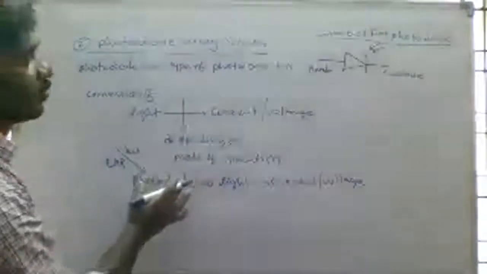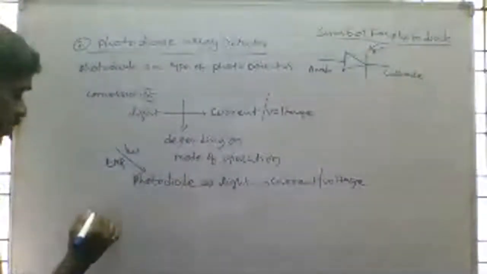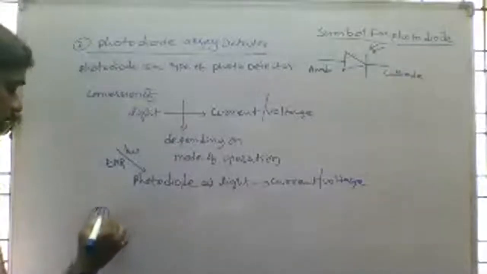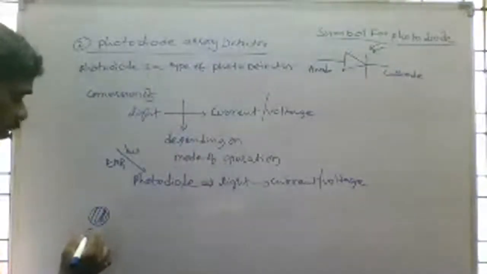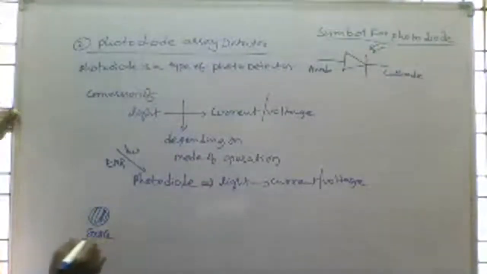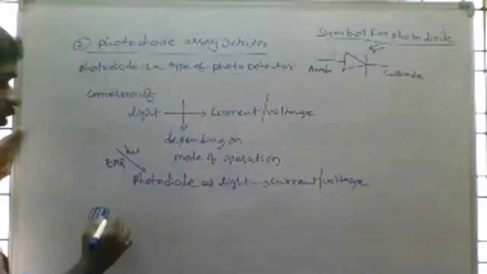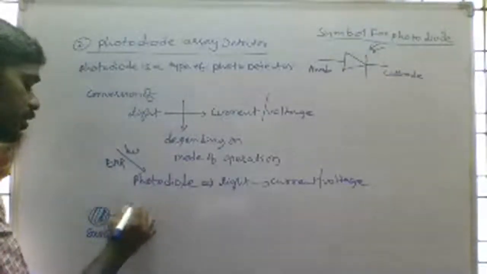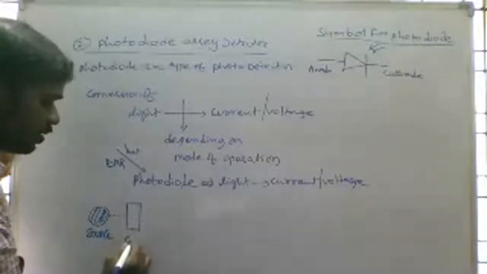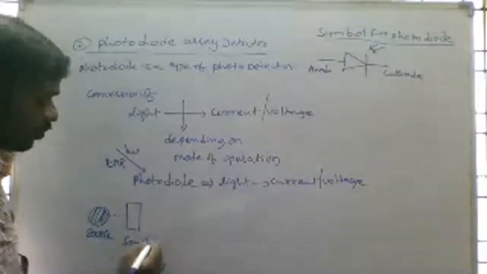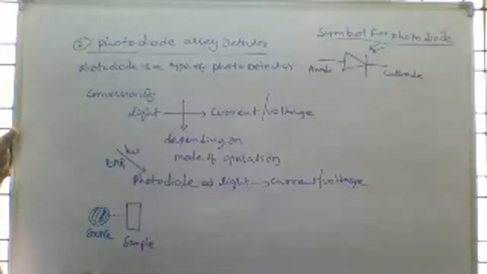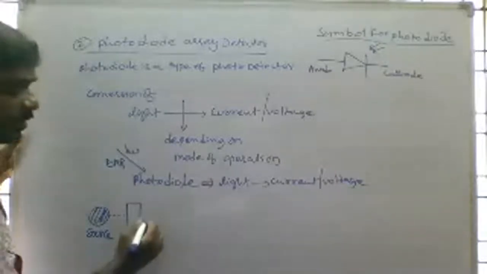Here is the construction of the photodiode array detector. The previous one was only a symbol for the photodiode. Now the construction of the photodiode. This is a photodiode detector. This is the source of radiation or light source. The source is attached to the sample cell, and this sample cell is attached to the entrance slit.